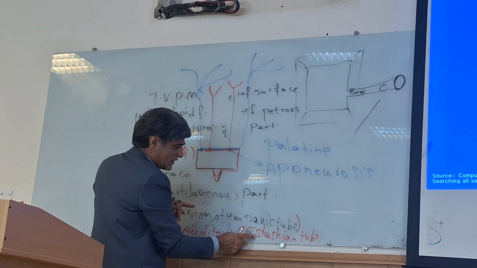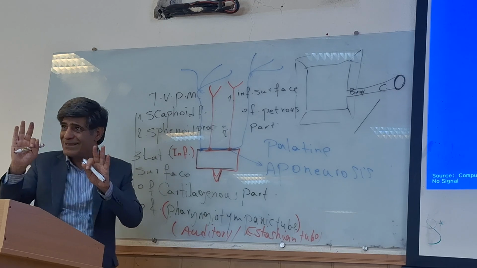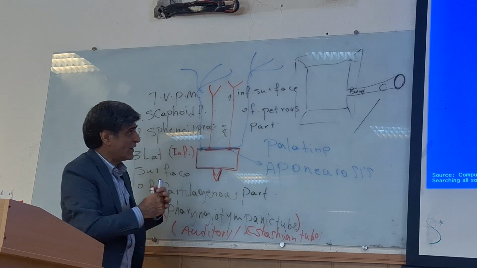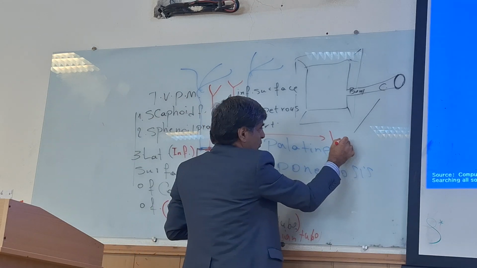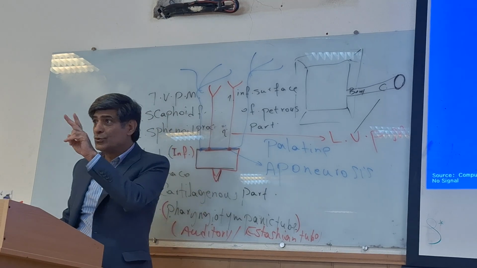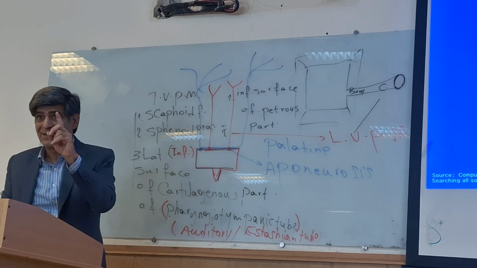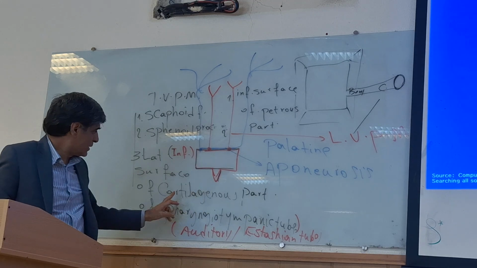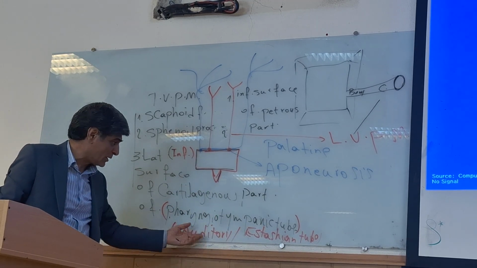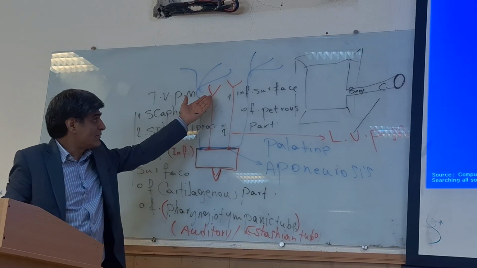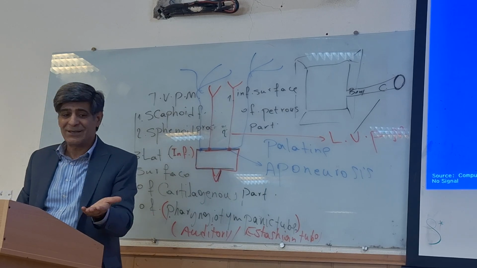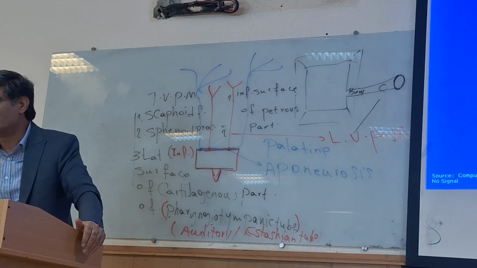Auditory, Eustachian, and pharyngotympanic are three names for the same tube. So levator veli palatini has origin from two structures: the inferior surface of the cartilaginous part of the tube, and the inferior surface of the petrous part. The action is elevation of the uvula.